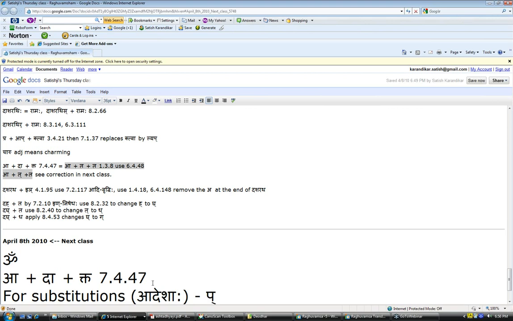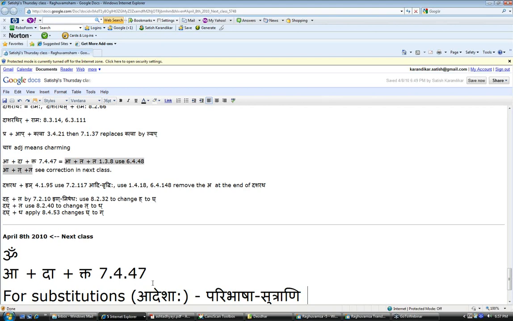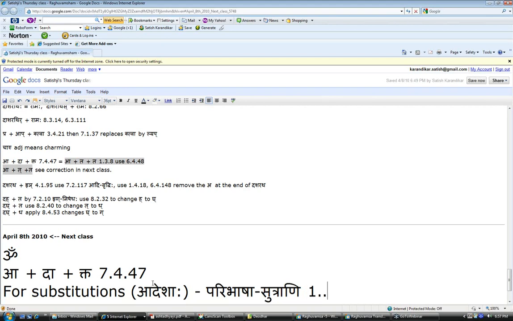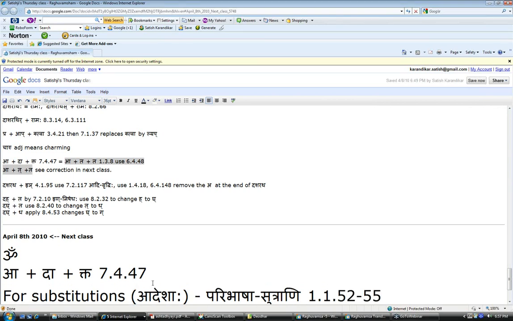Paribhasha means the rules of operation. There are four of them for this, and they are from 1152 to 55.